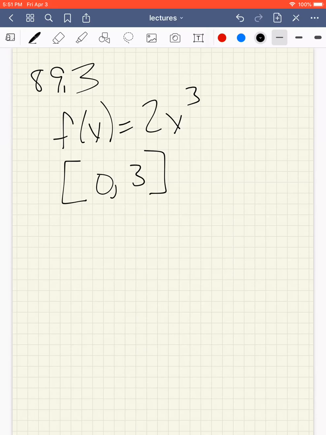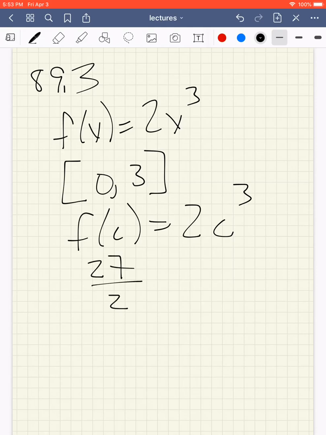So we know that what the mean value theorem says is true, which means that f of some constant c that we're going to find has to be equal to 2c cubed. And they tell us that that average value is 27 halves. So we put 27 halves for the y value, and we solve it for c.